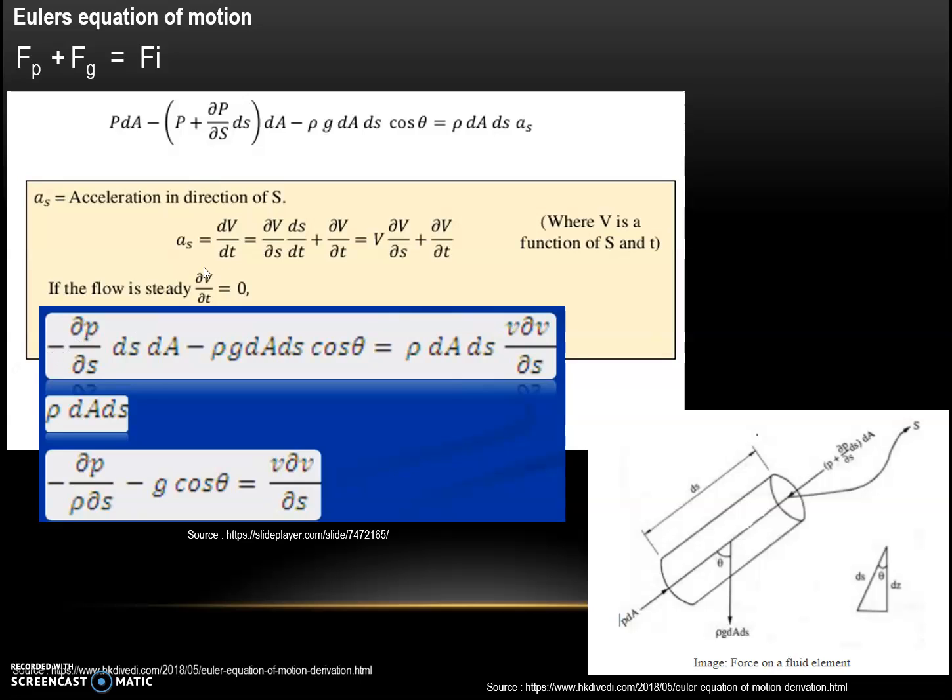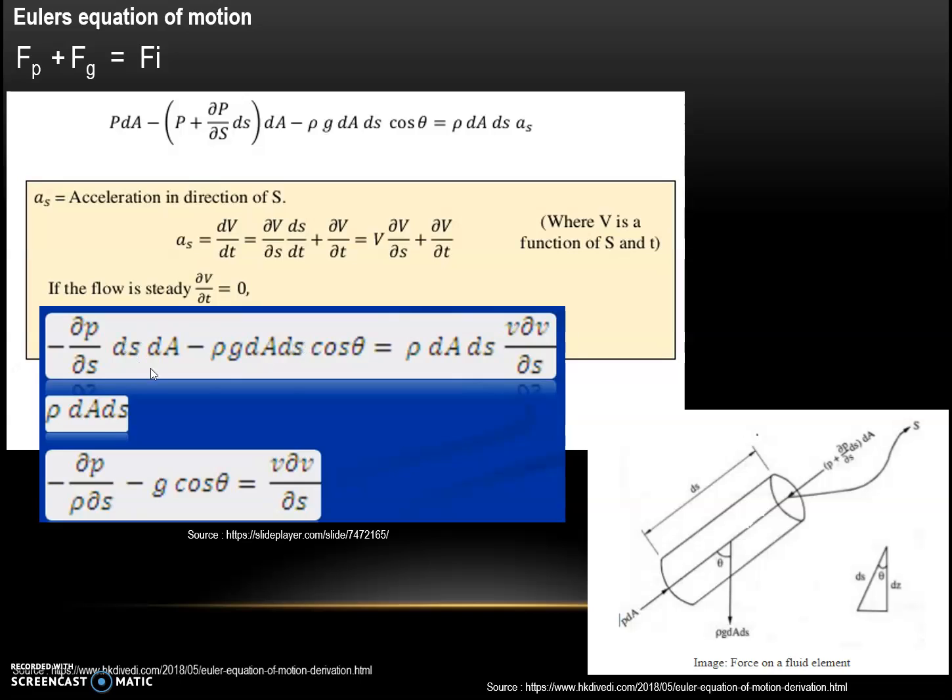So we write the same equation as dou p by dou s into ds dA minus rho g dA ds cos theta equal to rho dA ds into v dou v by dou s. Here dou v by dou t is substituted as 0.